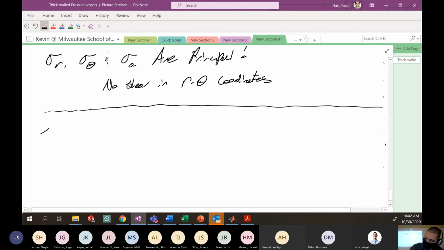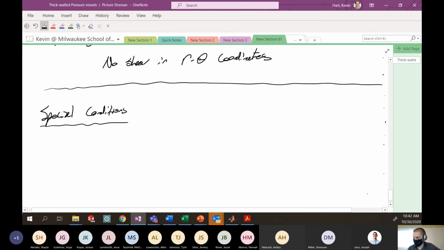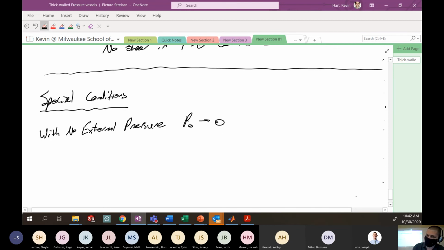So some special conditions. The most important special condition is basically with no external pressure. And things are going to simplify quite a bit.